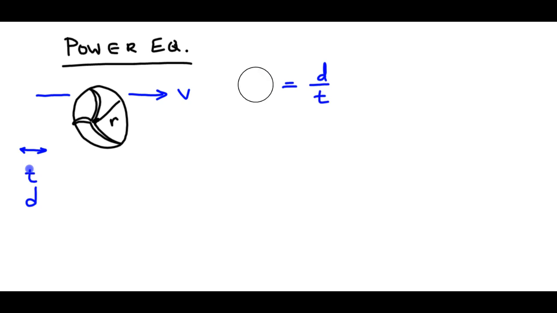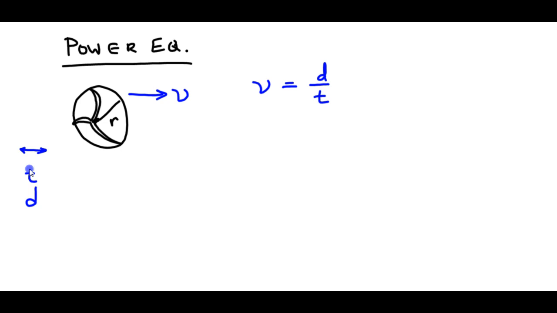Now, I need to be careful here. We're going to also use volume later, so I better make sure I use cursive v's so I can distinguish between velocity or speed and volume. Okay, so the wind travels a distance d over some arbitrary time t, right?